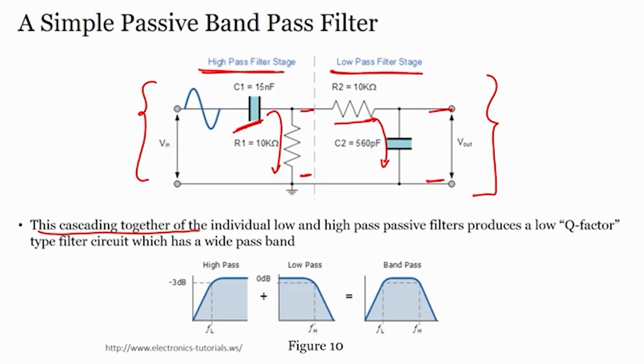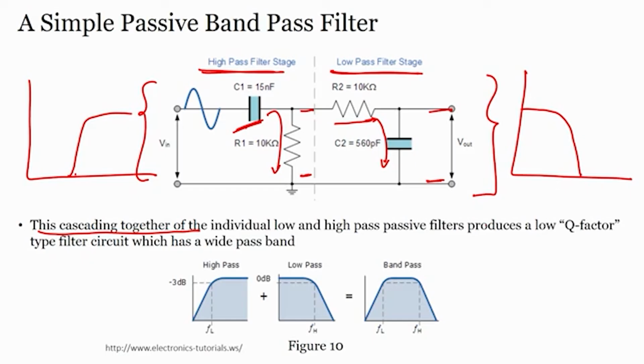this cascading stage. So, what is high pass filter? We know, if I draw the frequency plot, high pass means I will have a pass from here to here. Low pass filter means I will have pass from here to here, correct. So, if I join this one and this one, what will I have?